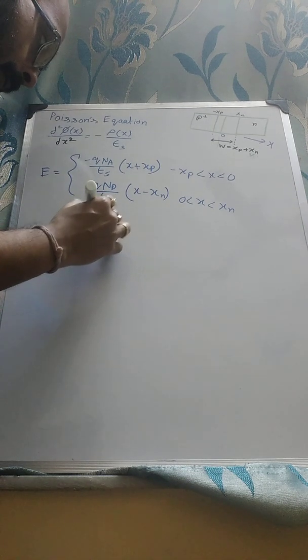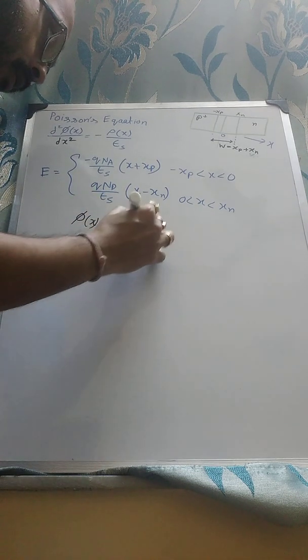junction diode. Now we know that potential and electric field are related by this equation, right? So we can find out the potential by this, right?